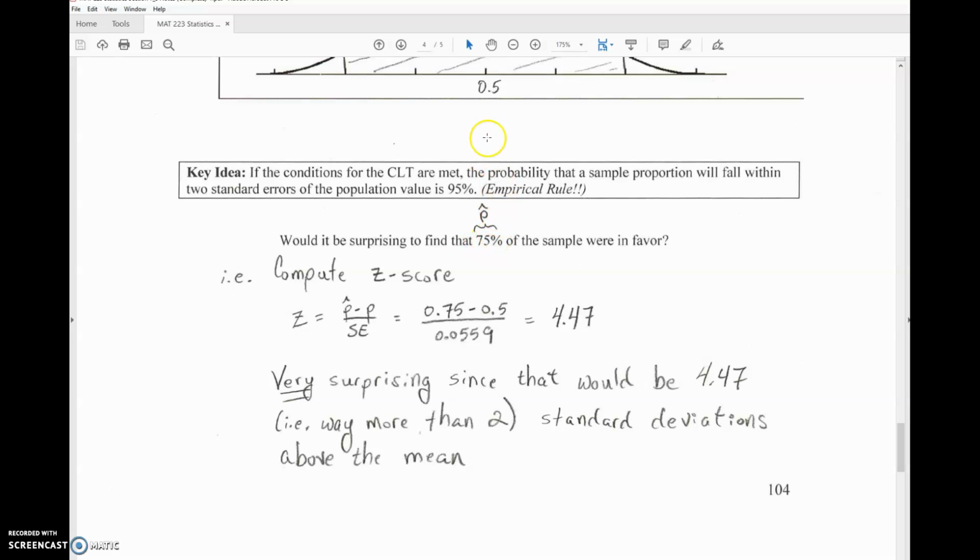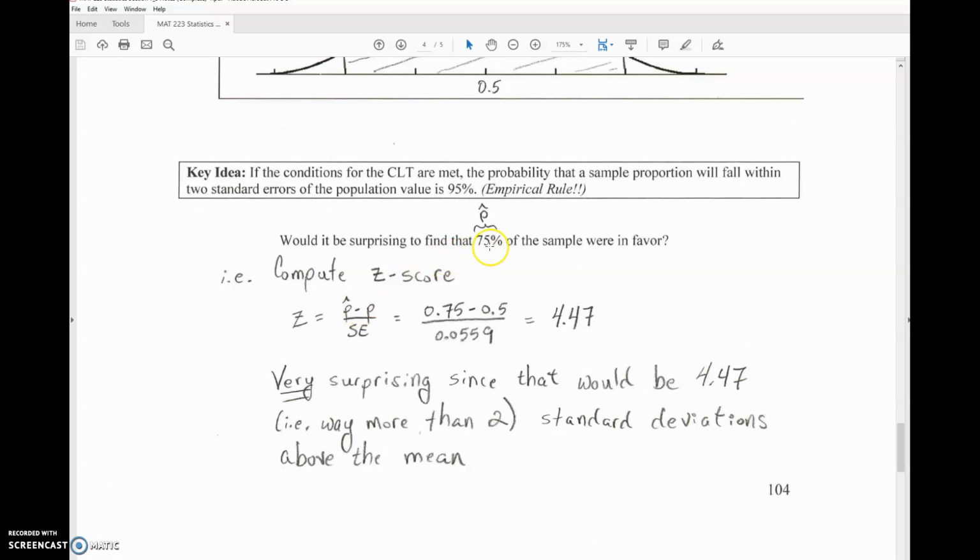Now, would it be surprising to find that 75% of our sample were in favor of the candidate? More than likely, that would be surprising if past information told us that 50% should be the middle, right? So how can we see if that's surprising? We want to see if it's more than 2 standard errors from the mean. The best way to do that quickly is to compute a z-score. The formula for a z-score in this case is the sample statistic, p hat, minus the mean, p, divided by the standard deviation, which is the standard error.